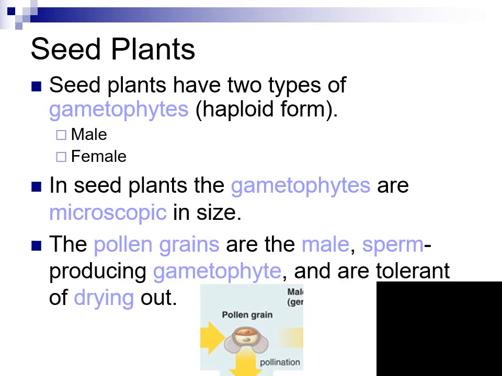For the male part, the pollen grain is the male gametophyte, and it's what produces the sperm. Pollen grains are important too because they are resistant to drying out and getting too hot, so they're going to make it even if environmental conditions aren't very good, and they'll be able to germinate on the female part when the environmental conditions are better.